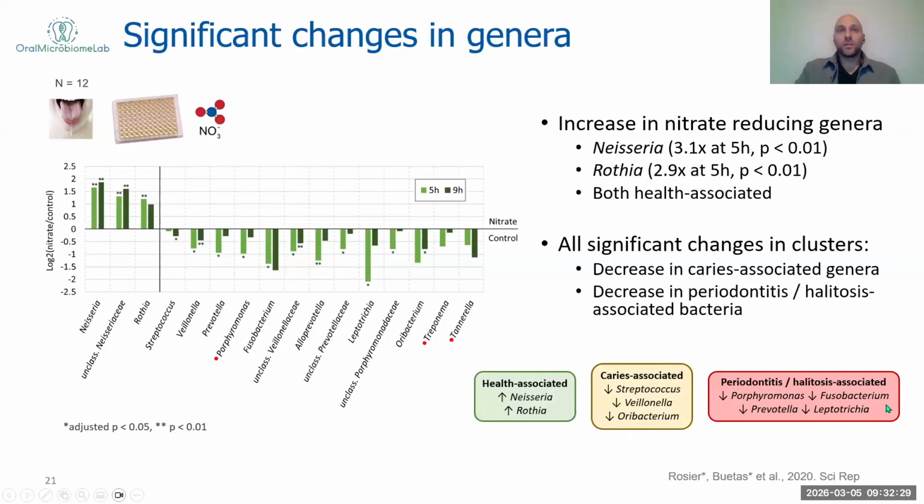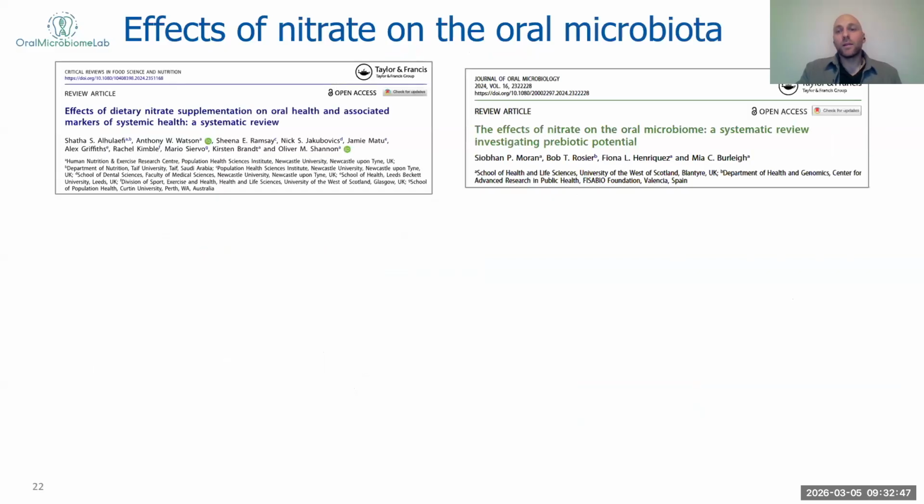So these results were nice, but they are again from an in vitro study, and more or less at the same time and in the years after this study, different clinical studies were done with nitrate intake, and they were summarized in two systematic reviews, one by researchers in the UK and Australia, and one to which I also contributed.